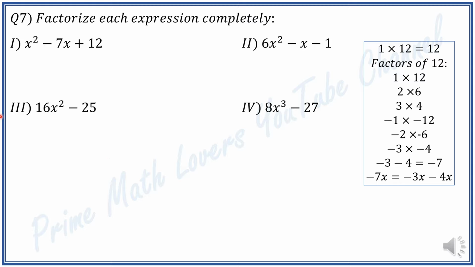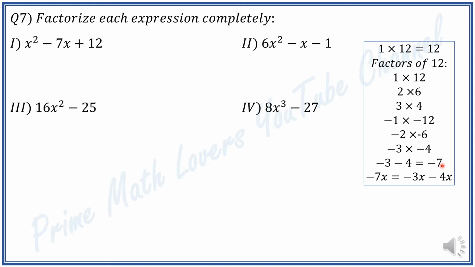Then we need to find two numbers that add to give the coefficient of x, which is negative 7. In this case, the numbers are negative 3 and negative 4. Negative 3 and negative 4, minus 3 minus 4 will be minus 7.